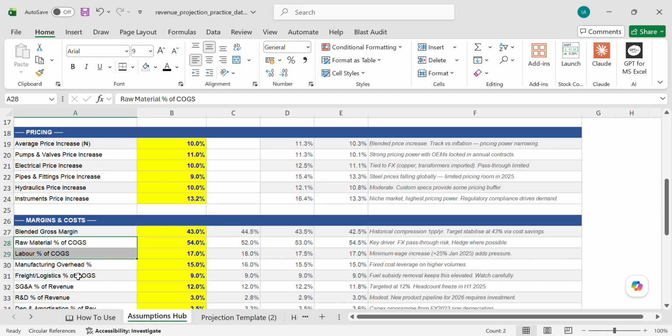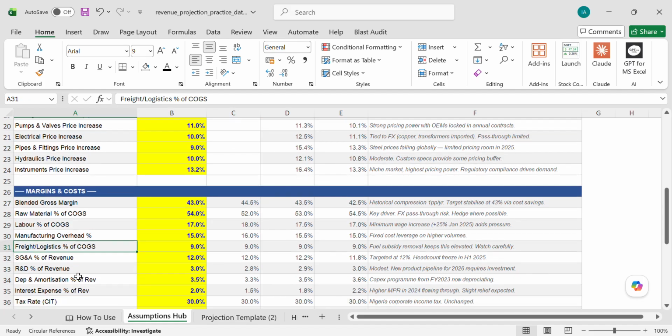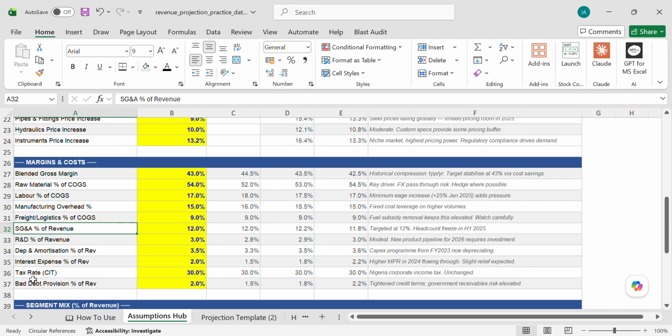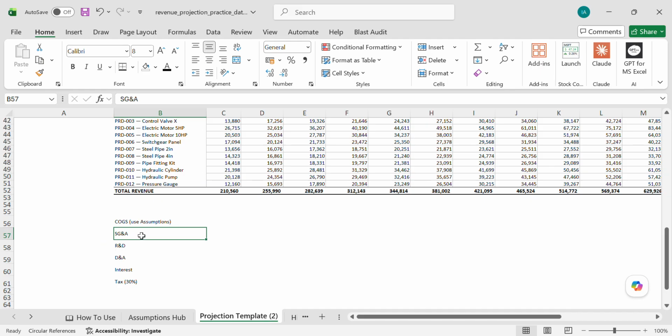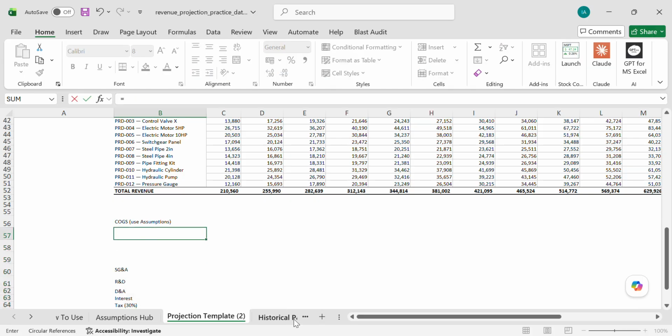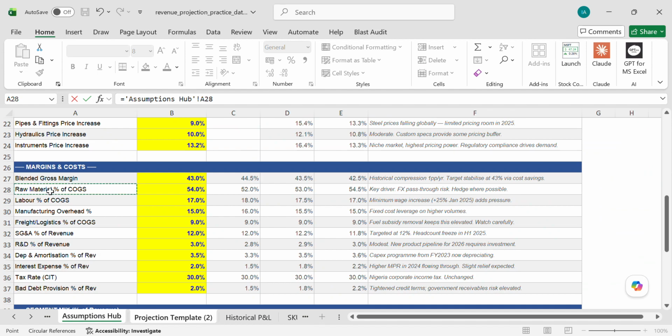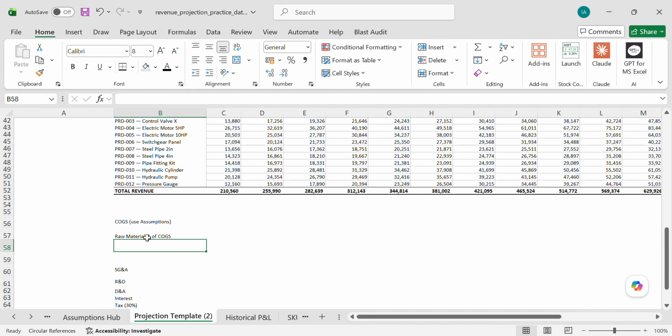So these are the things that make up our COGS. Right? Selling and R&D is there. So let's see. So what made up the COGS? So we'll come here. Confirm. So there's a breakdown. The COGS is actually broken down. Let's bring them in. We have raw materials.